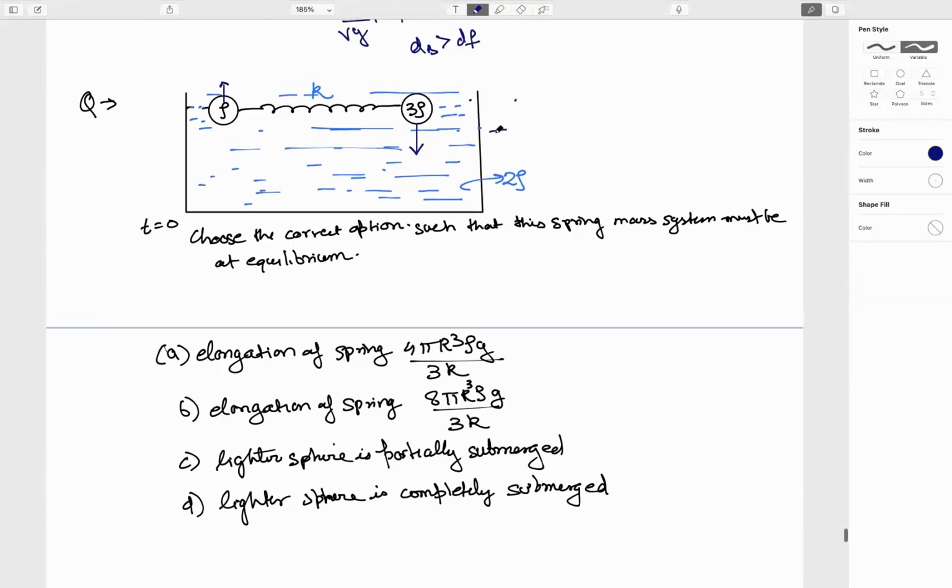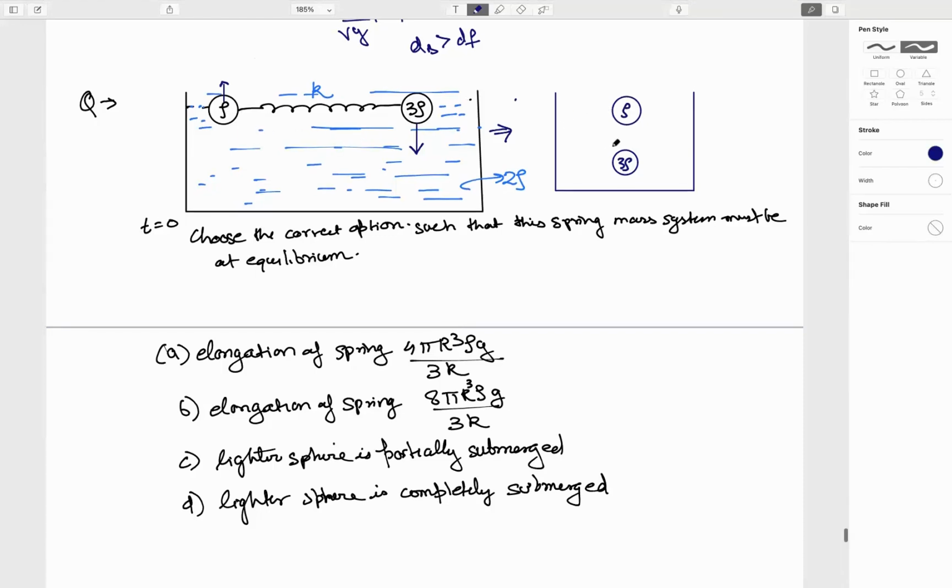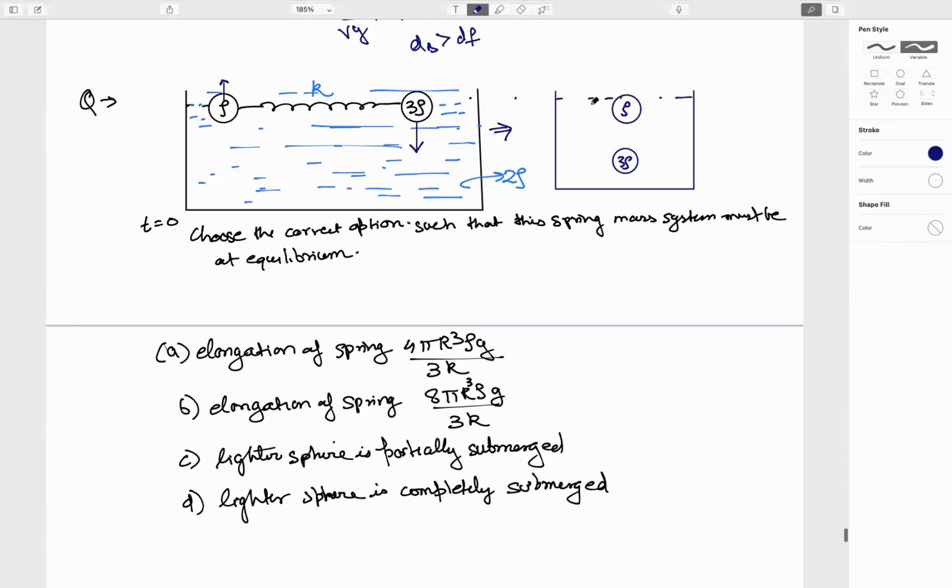After time t, the configuration is like this: because this is denser than the fluid, it will try to push down, so the system will become like this, and this will go up to remain at equilibrium, and this will try to float with the help of upthrust. Again, what we want is just to make a free body diagram.